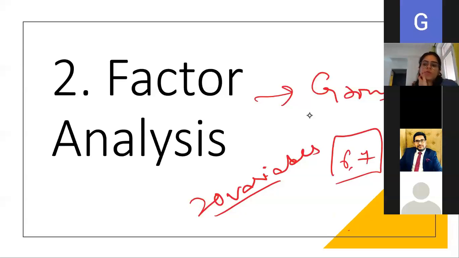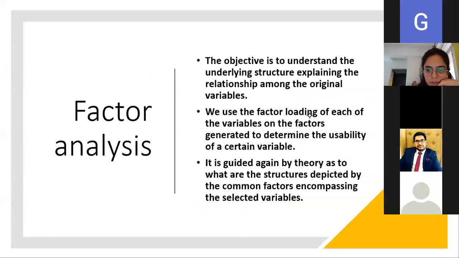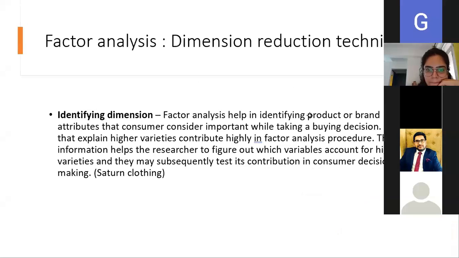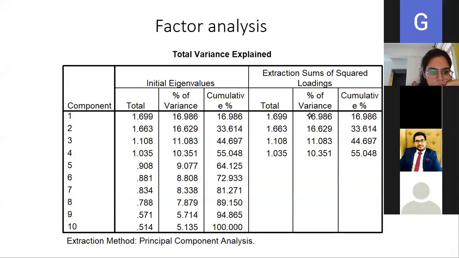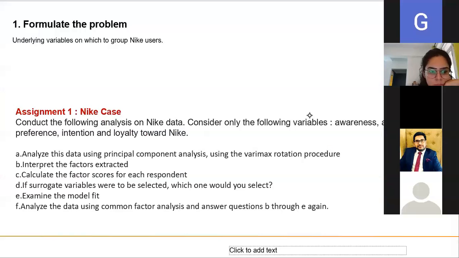And instead of using 20 variables, I use 6 or 7 variables. Let me show you one example here. So factor analysis is identifying dimensions. It helps in identifying product or brand attributes that consumers consider important while taking a buying decision. Okay, the example is here.